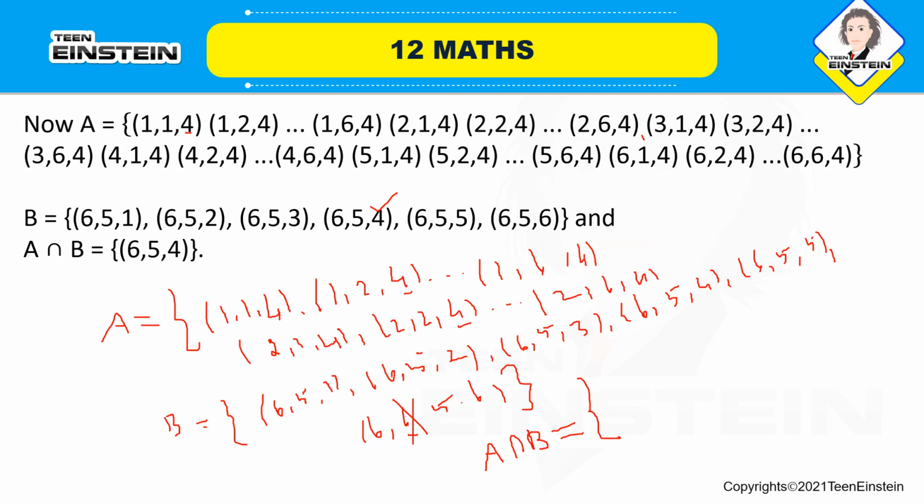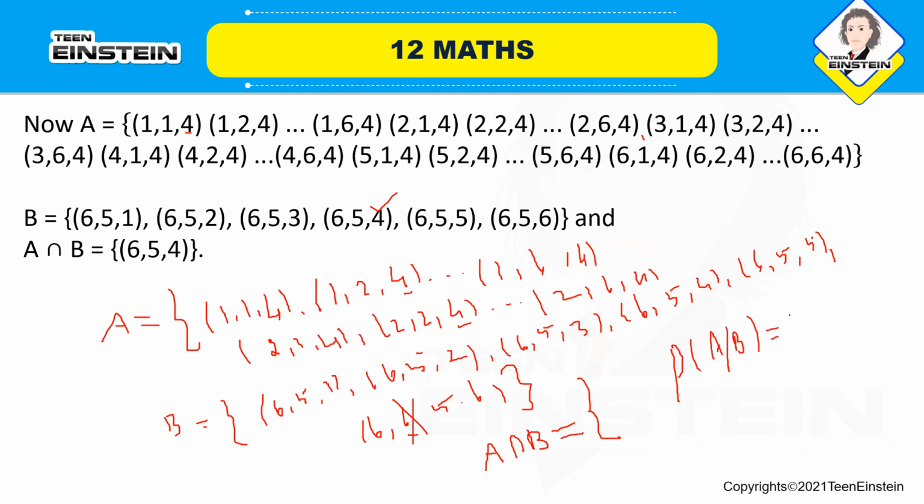Now tell me, how many elements in A? We don't want that, because what we have to find is the probability of A given that B has already occurred. Probability of A given B. What is the formula?